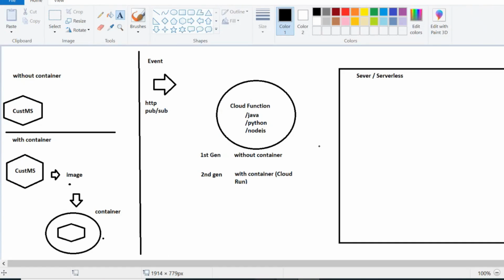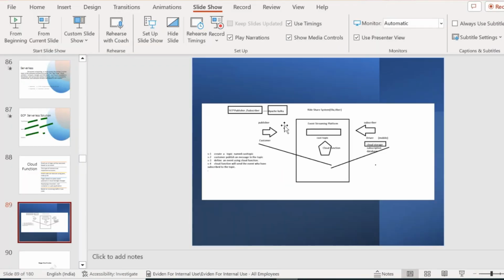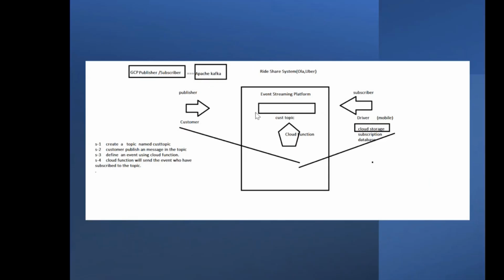All publishers who want to send a message into the delivery system have to point to one or more topics. So a topic is a named resource to which messages are sent by the publisher.